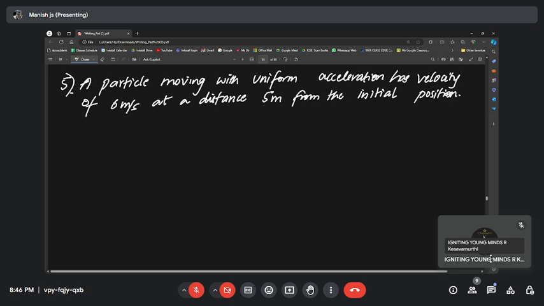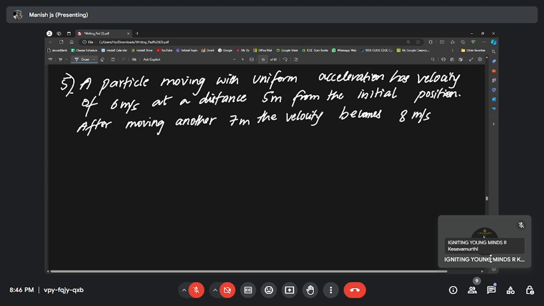The question continues. After moving another 7 meters, the velocity becomes 8 meters per second.